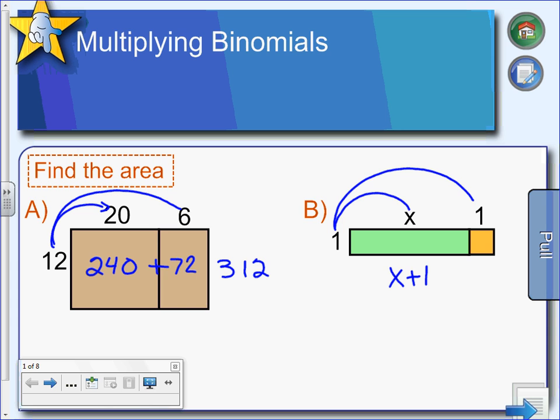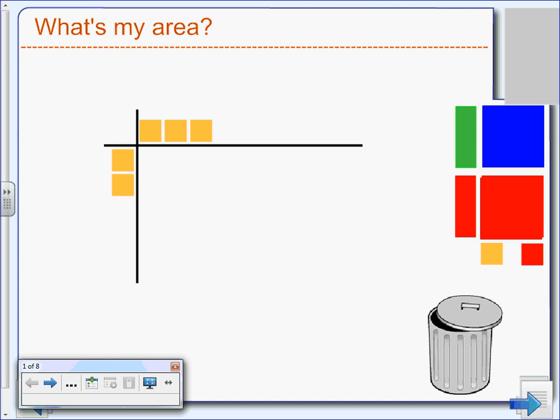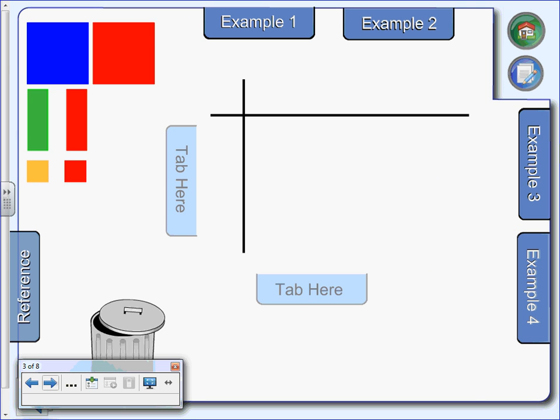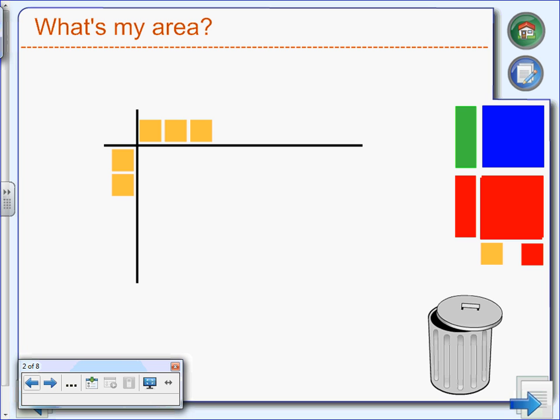So let's go ahead and kick this up a notch, maybe. So here, I have 2 times 3. I would take my blocks, and that 1 times that one is 1, and 1 times that one is 1. 1 times the other one is 1. 1 times the other one is 1.